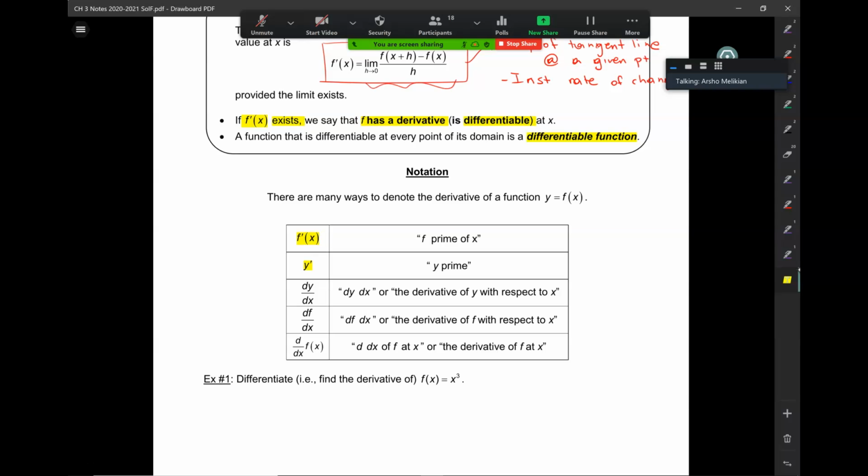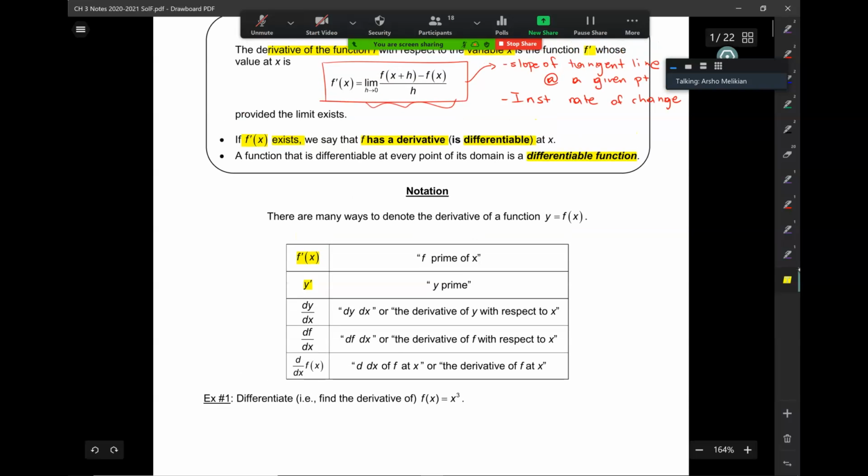Because the derivative is slope, and when we were little kids, we said that slope was the change in y with respect to the change in x, right?